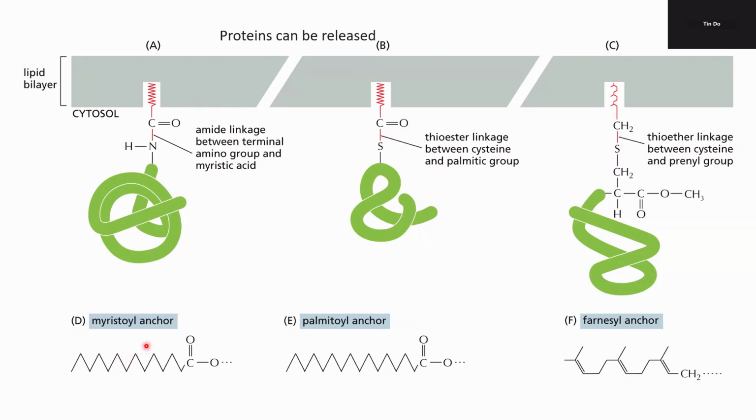You can also have different types of anchors. Right here, you have the myristoyl anchor, the palmitoyl anchor, and the farnesyl anchor. But these are all different ways that proteins can either be attached or released. Okay. Again, with any type of cleaving, it will require some sort of hydrolysis reaction and some sort of enzyme to aid in that reaction.